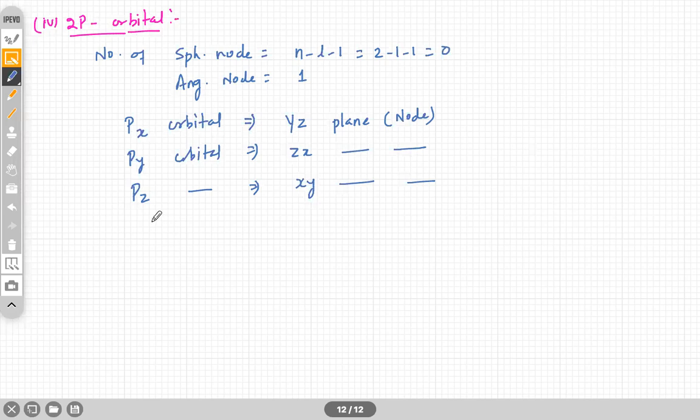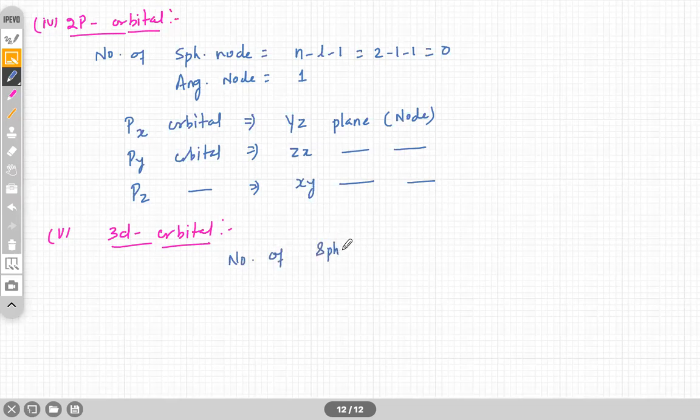Similarly, for the 3d orbital, could you tell me the number of spherical nodes and angular nodes? Angular nodes would be 2, and spherical nodes would be 3 minus 2 minus 1, which is 0.